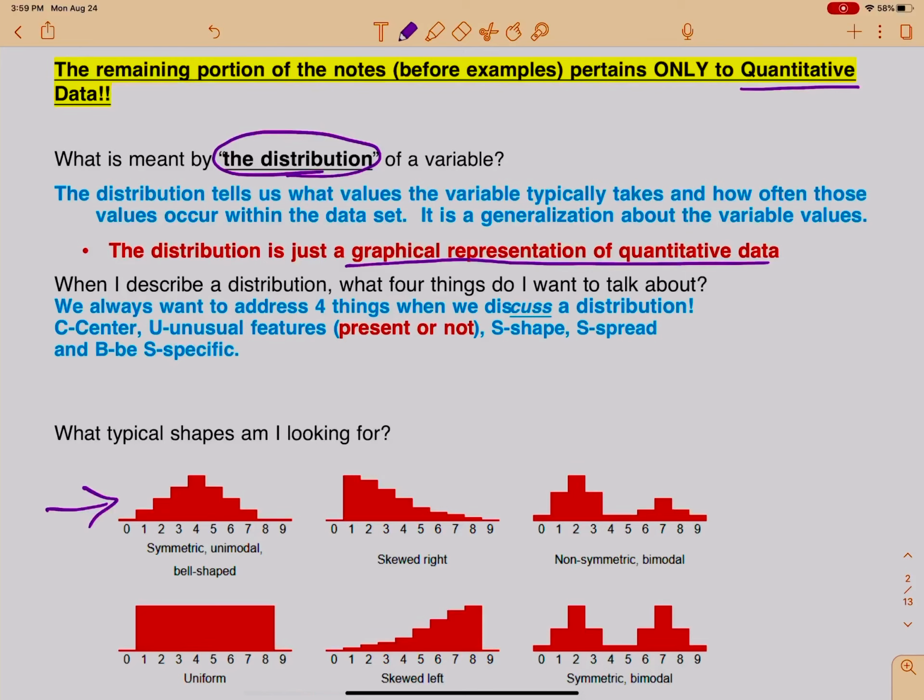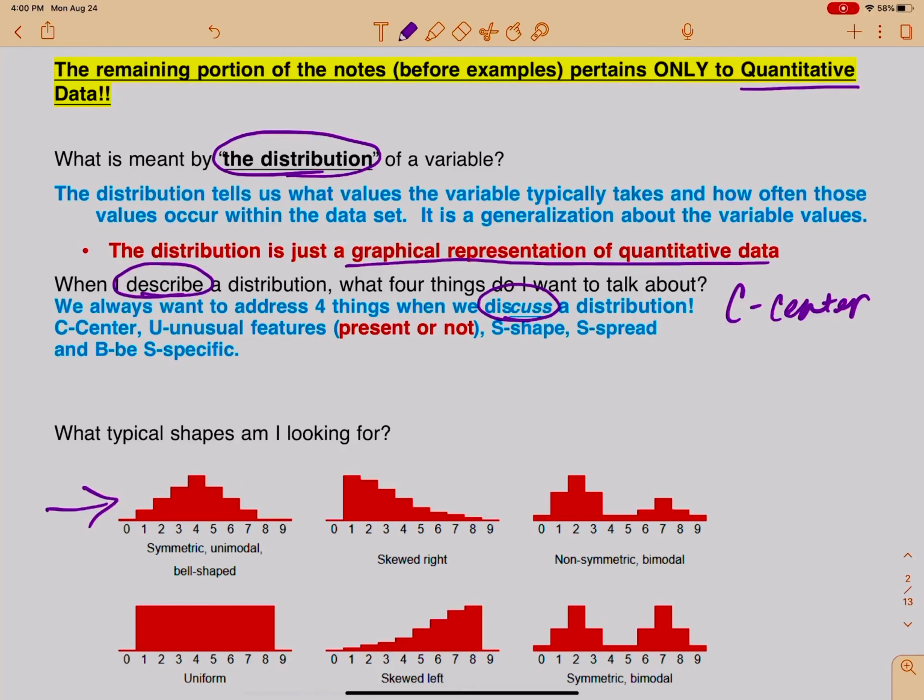So when you're asked to describe a distribution or discuss a distribution, talk about it, anything like that, you're going to need to address four important issues. You're going to need to talk about the center of that data. Now, when I talk about the center of the data, I'm not talking about the physical center of the graph.